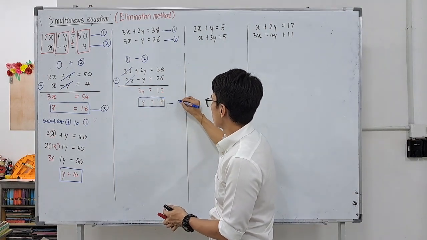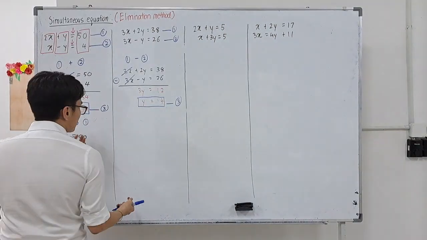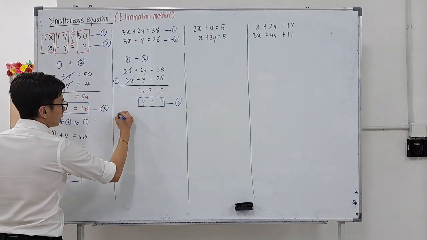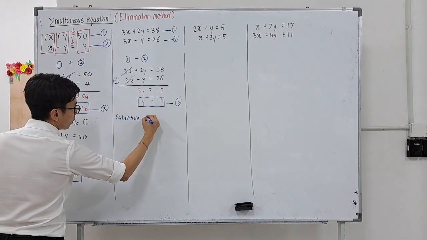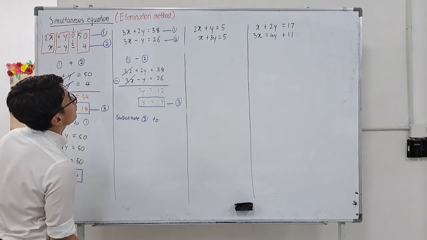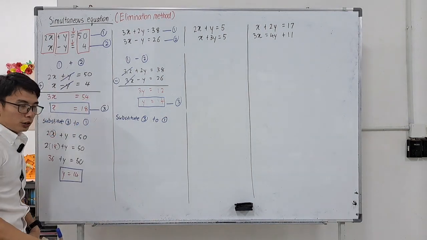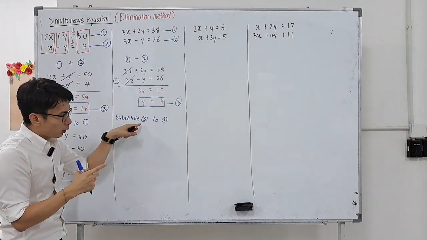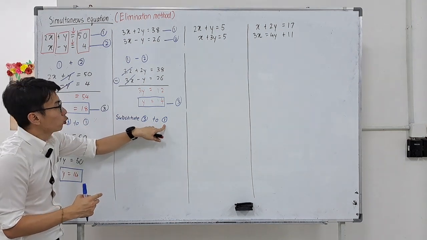So this is going to be my equation 3. So other than that, it's going to be the same, alright? It's going to be substituting again. So I'm going to substitute equation 3 into, let's see, this time I'm going to put into equation 1 again. Okay, so again, for those of you struggling with what to do with this, always look at where you are substituting to. 1.